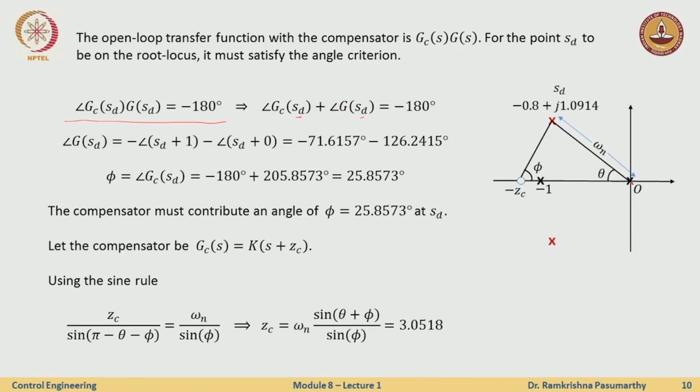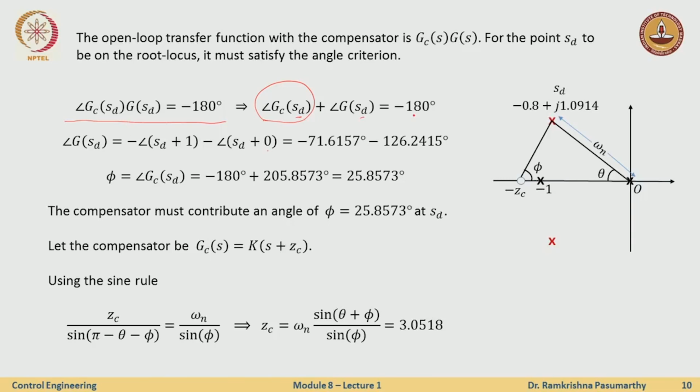My plant has a pole at the origin and a pole at minus 1. I compute the angle contribution to sd through each of these poles, at 0 and at minus 1, and I get a certain number. So what should this Gc do? It should make the required adjustments in the angle of G of sd such that the total is minus 180.